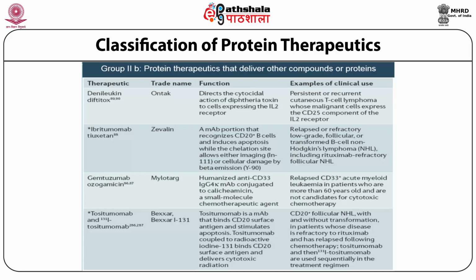So this mostly includes the monoclonal antibodies, denileukin, which has an effect in the treatment of cancer. Similarly, the tocilizumab monoclonal antibody also helps in the treatment of different types of cancers.